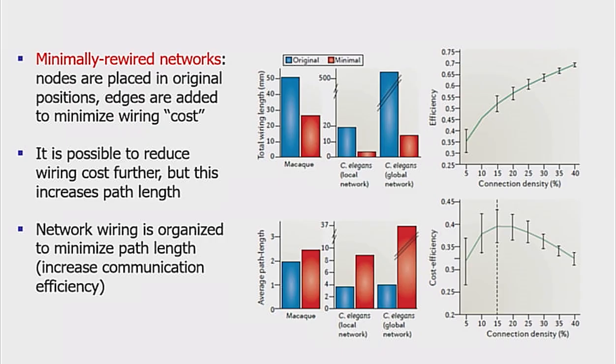As you go from the blue bars to the red bars, so to the minimally rewired network, you end up with networks that have much lower wiring cost. But the price of that, and that's what's shown on the bottom, is that the path length of these networks ends up increasing. So having short path lengths in a network is a costly feature, but it appears to be one that's readily incurred by the network.